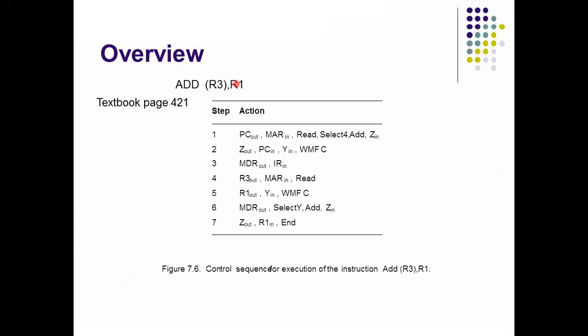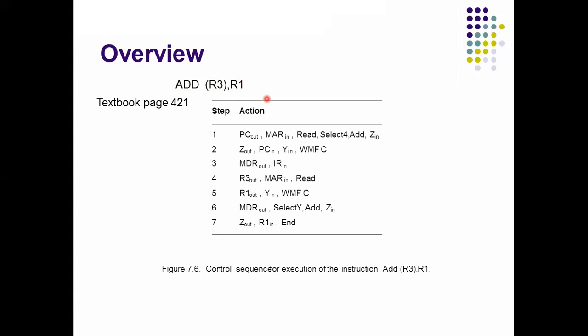Take this example, which we already discussed in execution of a complete instruction: Add [R3], R1. What is the meaning here? The contents of R3 and the data in R1 are added and the result is stored in R1.